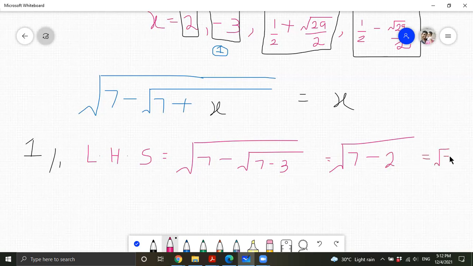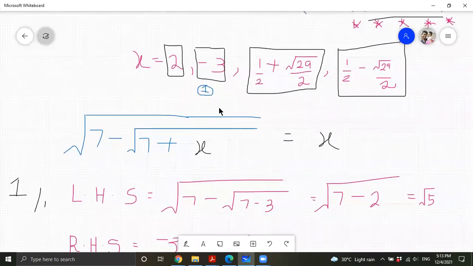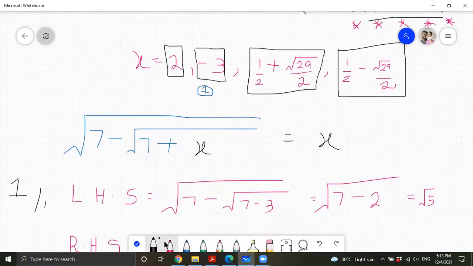We have found that it's square root of 5 in the LHS, but in the RHS, oh, sorry, that's actually R. I'm really bad at this writing, especially when it comes to this software. So the RHS will be minus 3. LHS is not RHS, so it's really contradicting, right? Okay, so we can conclude that x is not going to be minus 3 at all. Obviously, it's not 3, but the minus 3 at all. We can cancel this equation, right?